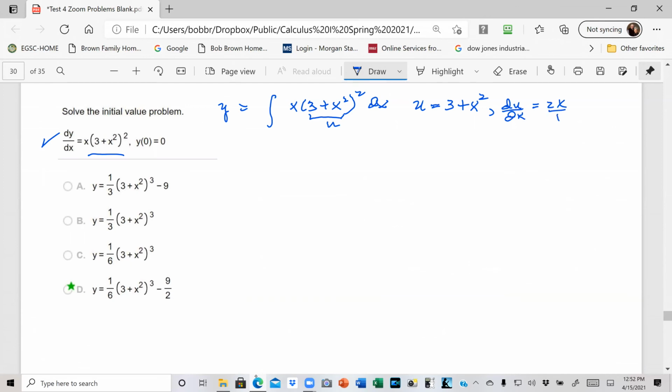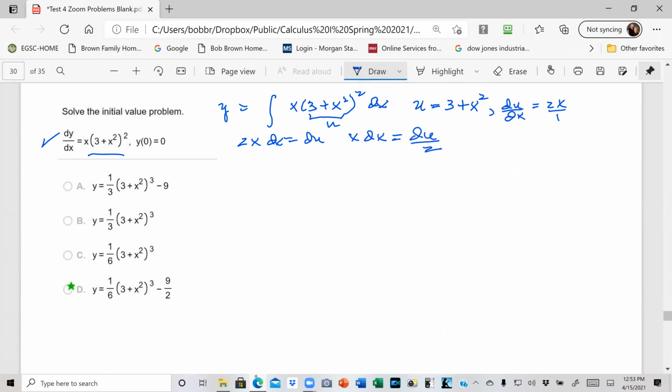So cross multiplying, we get 2x dx equal to du, and x dx is equal to du over 2.